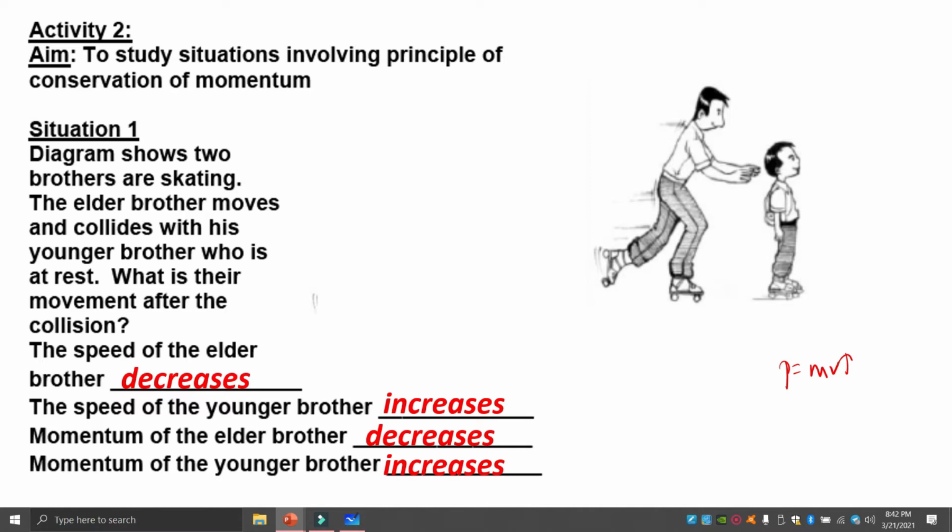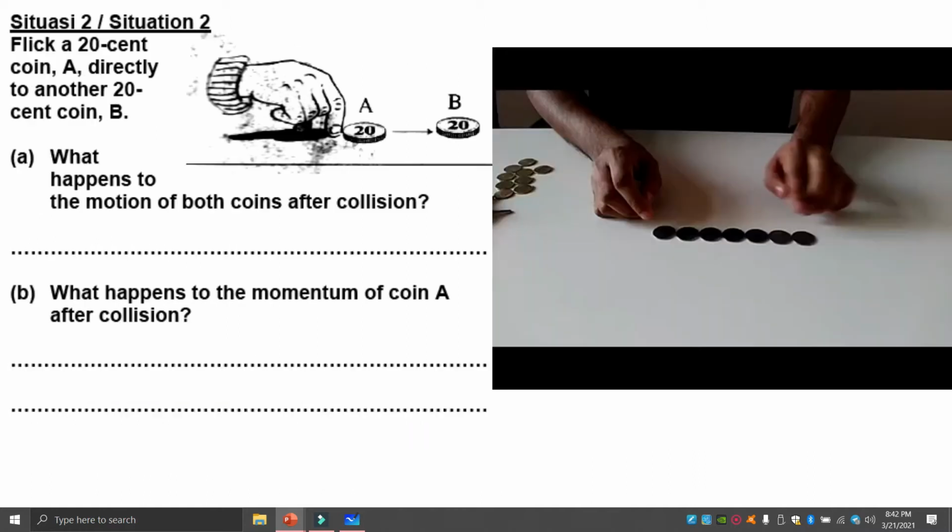So the momentum of the younger brother increases. But for the elder brother, the speed becomes lower, which means the momentum also becomes lower. So that's why the momentum of the elder brother decreases, but the momentum of the younger brother increases.